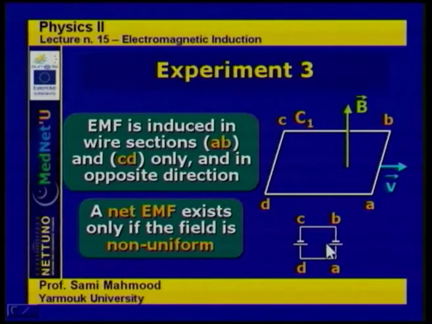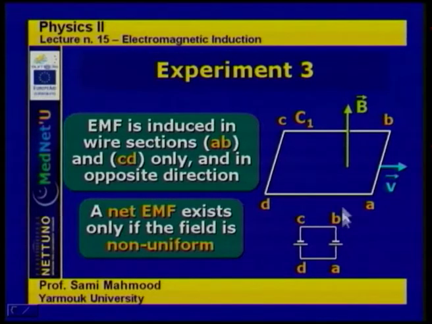If these two electromotive forces are equal in magnitude, then no current flows. They are equal if the magnetic field is uniform all over the space.